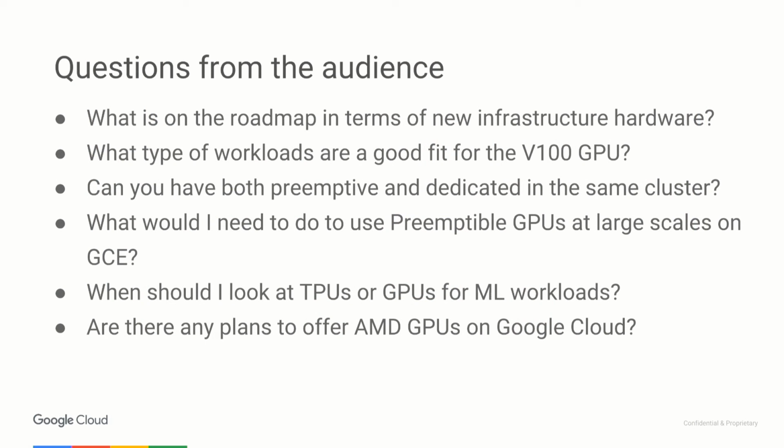So next question, can you have both preemptible and dedicated VMs in the same cluster? Another good question. So you can, yes, in both GCE and Kubernetes Engine. On GCE, there are two types of instance groups, a managed instance group and an unmanaged one. In the managed instance group, we do things like auto-scaling and rolling back code.